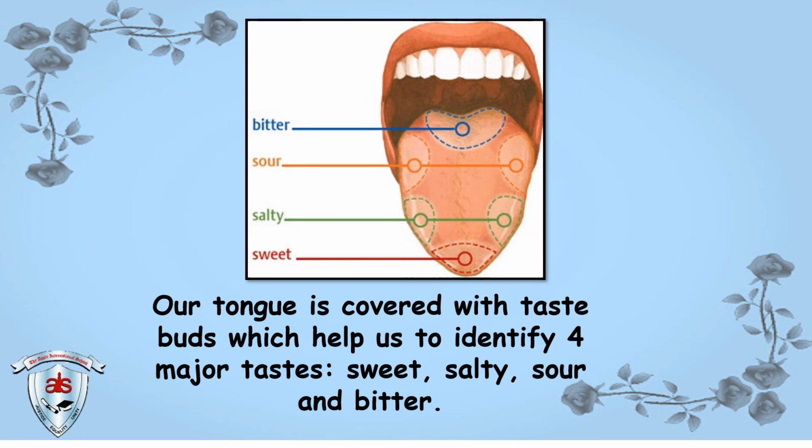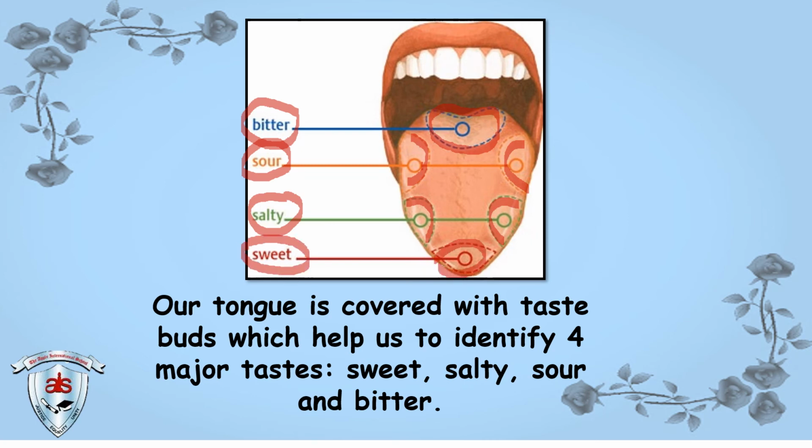As you can see in this picture, this part of our tongue is used to taste bitter food, and this part is used to taste sour food, okay? And this part of the tongue tastes salty things, and this part tastes sweet things. So you see, these are the taste buds.